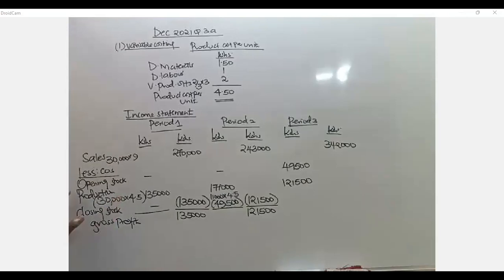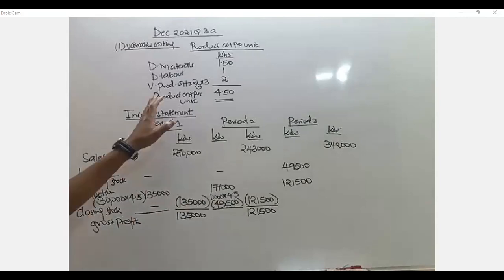The production is 135,000. The closing stock for the first period is not there. So the cost of sales for the first period is 135,000. The difference between 270 and 135, you get 135. Now, when you go to period 2, the closing stock in the first period is a dash, so the opening in the second period is a dash here. Then the production, you are able to produce 38,000.